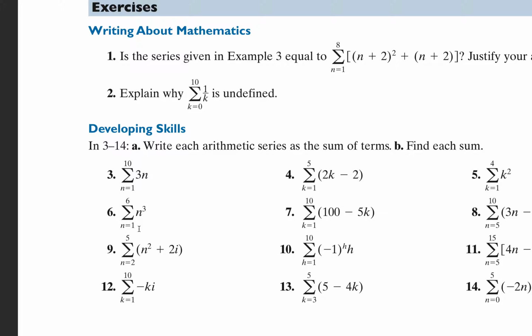So this is the sum of 5 terms. We plug in 1 to find the first term. With k equal to 1, 2 times k minus 2, when you plug in 1, you get 0.